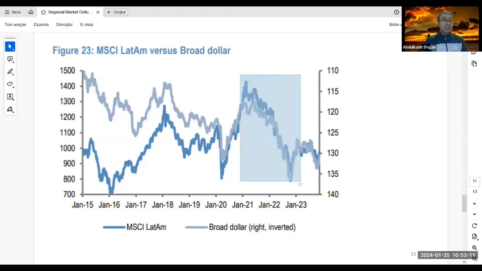If the dollar is getting stronger, Latin American country indexes are losing strength, or vice versa. If the dollar here, as you see, loses from 130 to approximately 115, then I can directly say this is exactly what I mean: the dollar losing strength and Latin American countries getting capital.